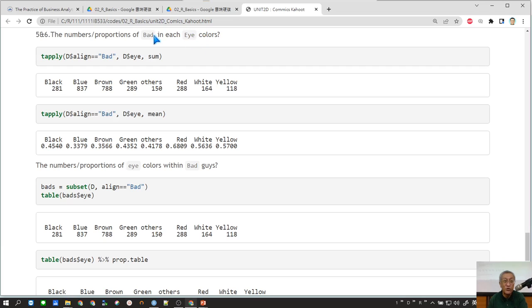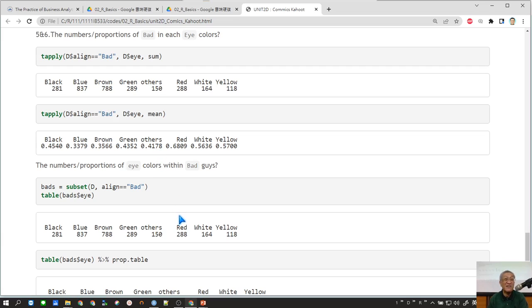Now I change these two things. I change the two categorical variables. Bad is a category within the align variable, and eye color is actually different, there are a lot of eye colors. So if I try to answer this question by t-apply, there will be a problem.